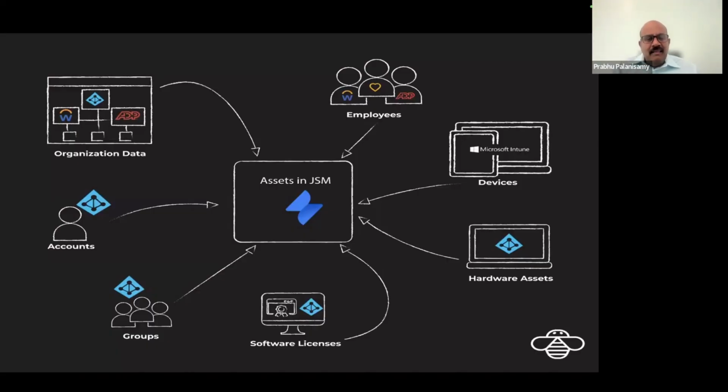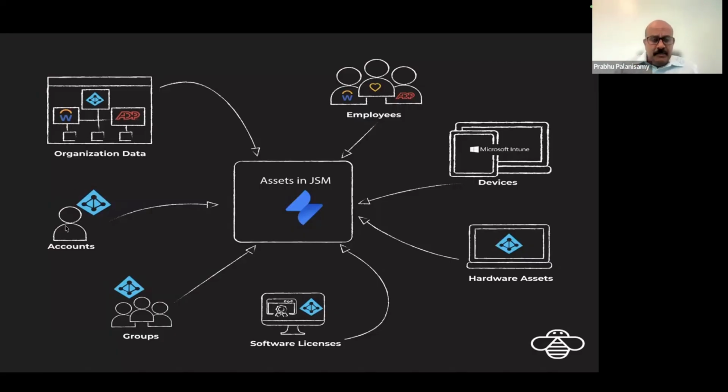As I showed in this diagram, if we look at it at a fundamental employee level, I can bring in the organization data, meaning the employee's role, department, location, cost center, the things that are in the HR system of the organization.